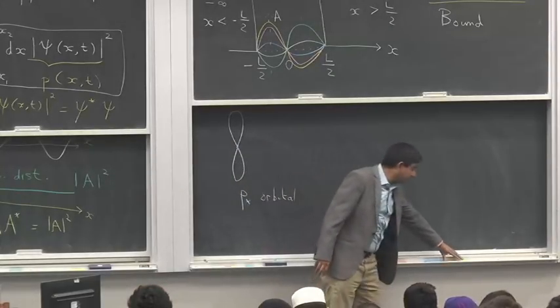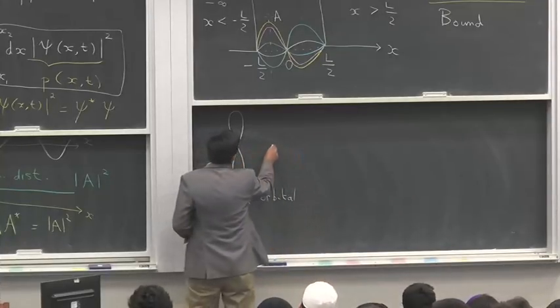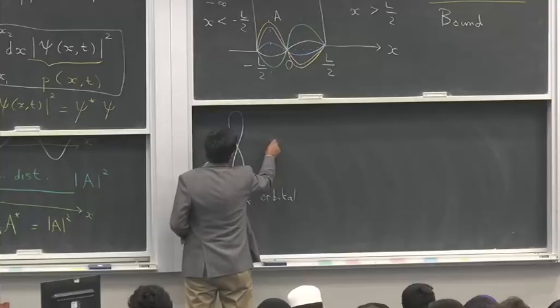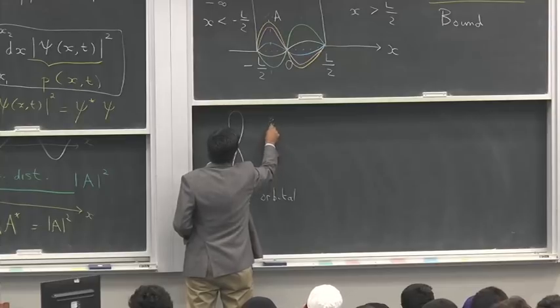Actually, a better picture would be to draw an electron cloud. And the electron cloud is such that there is a higher density of particles in this upper lobe.